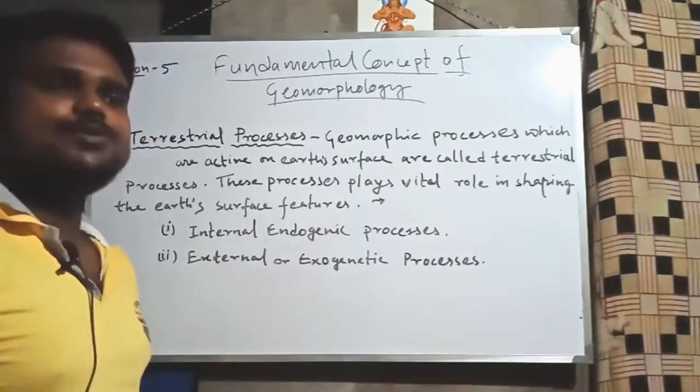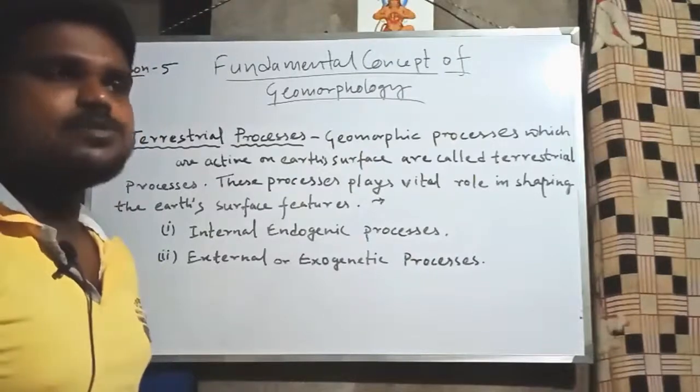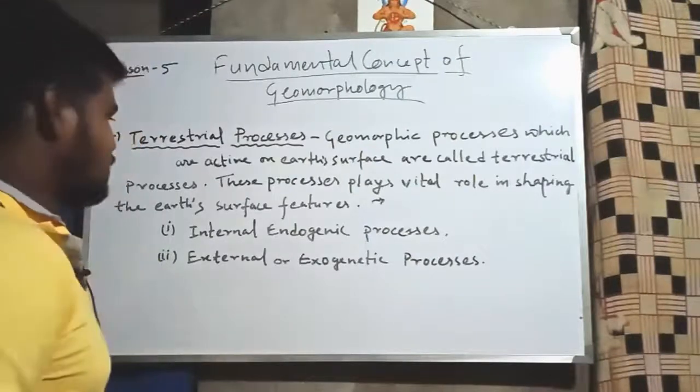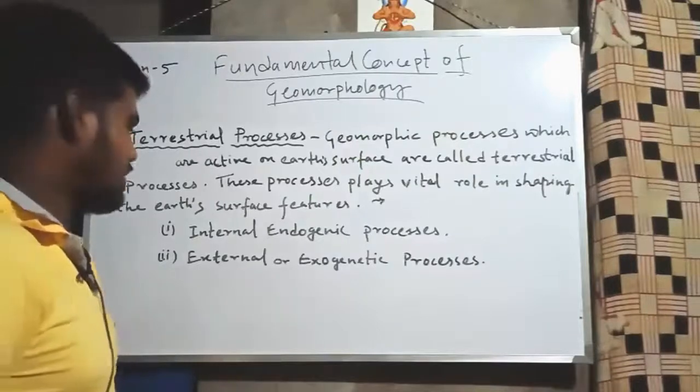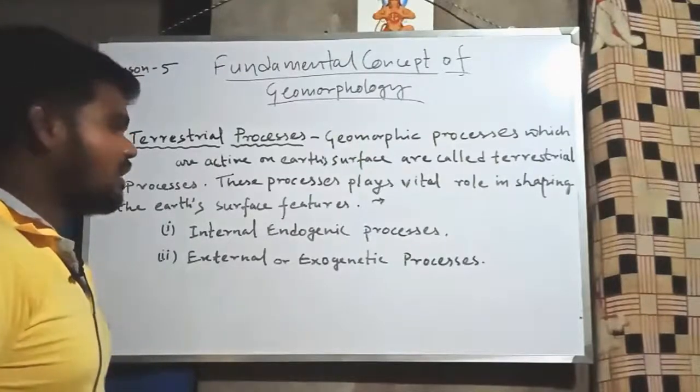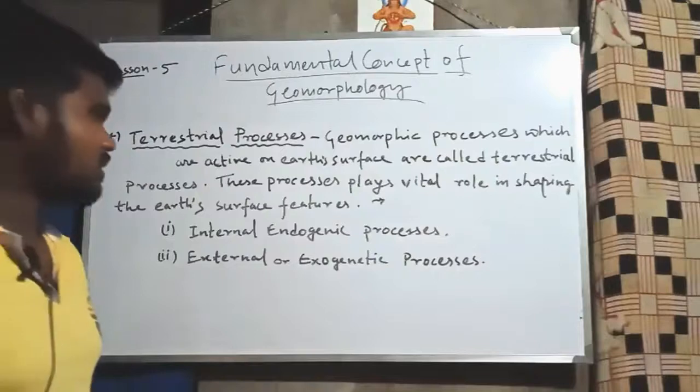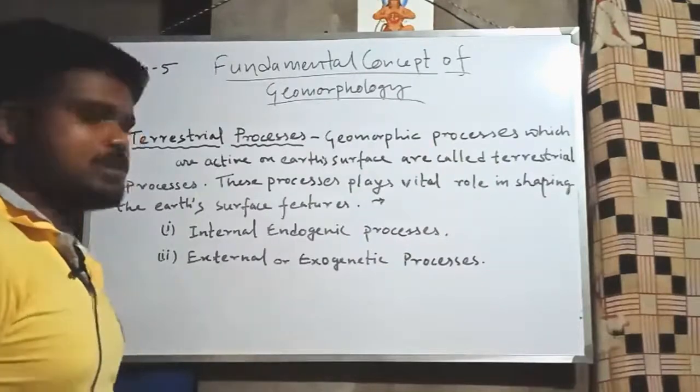There are two types of terrestrial processes which are mainly found. The first one is the internal or endogenic processes, and the next one is the external or exogenic processes. So what are the internal or endogenic processes?